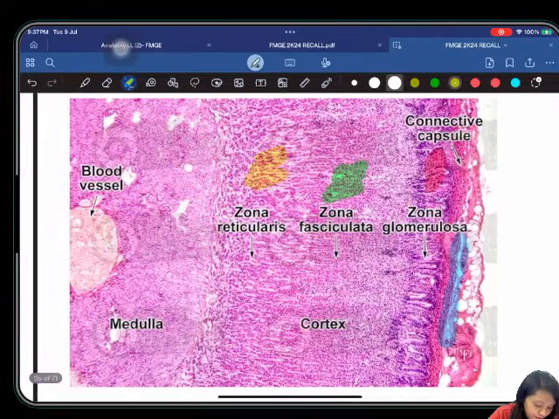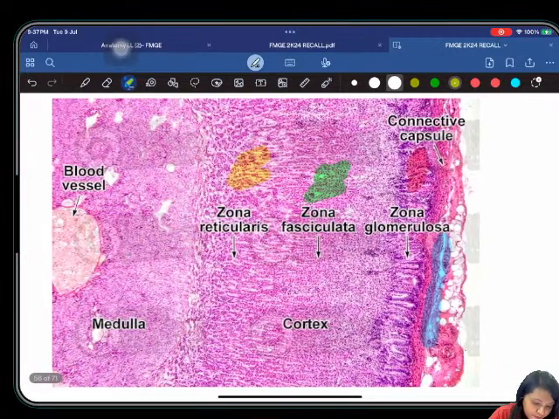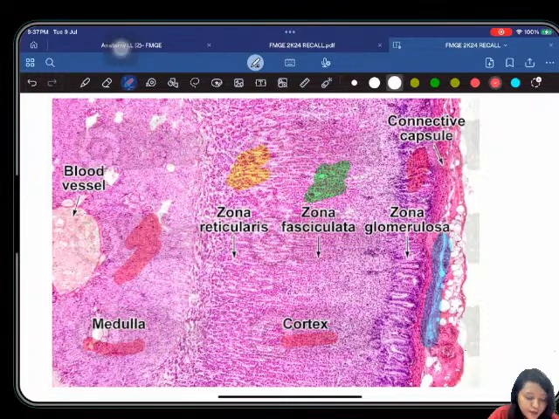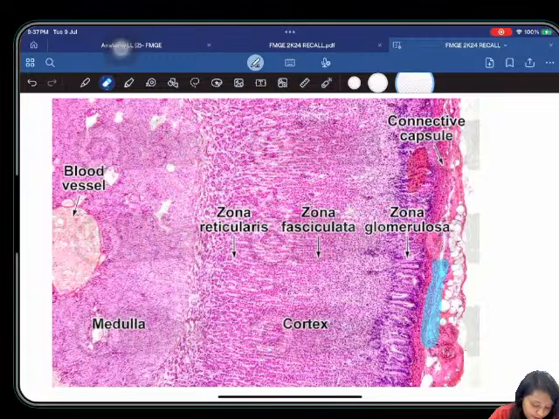And where you will get a lot of blood vessels, that is the medulla. So this is the cortex and this is the medulla, and outside is the capsule. Okay, so that is how you can differentiate the different areas and the hormones secreted by different areas.